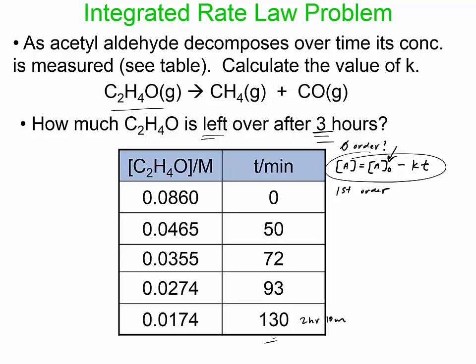And we would plug in 0.086 here, and we will plug in 3 hours here, or actually 180 minutes. You'll see that when we solve for k, it's going to be in minutes because our data here is in minutes. Then we would solve for that variable, but we don't know to use that equation because we need to do a test plot first. If it's first order, then we would use this equation.